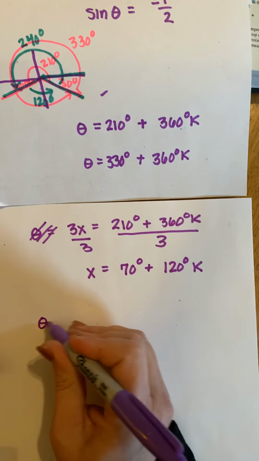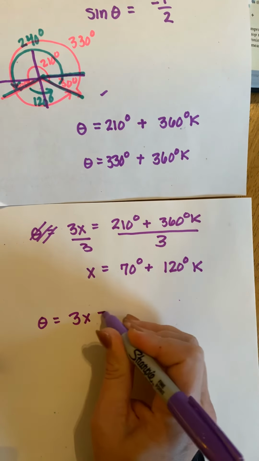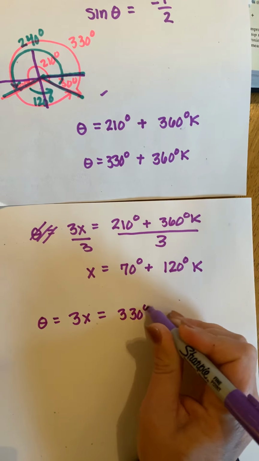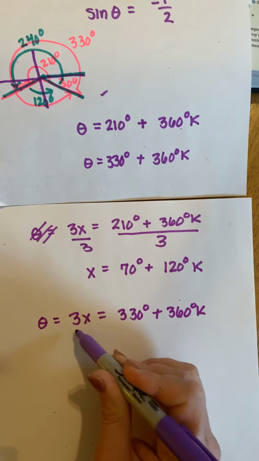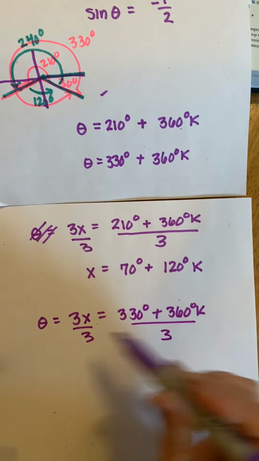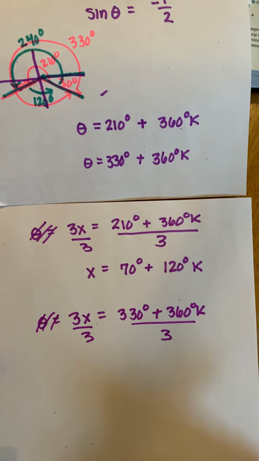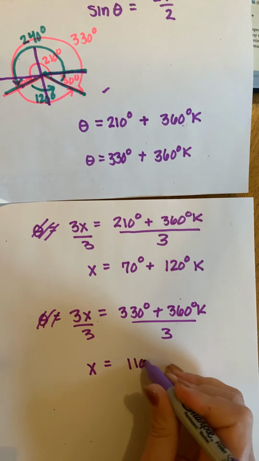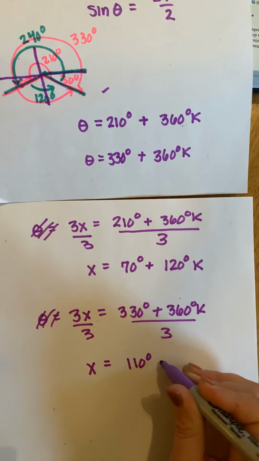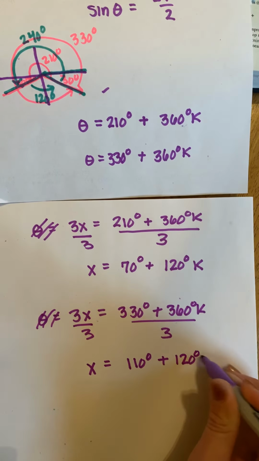So now let's go back to the second one, 3x equals 330 degrees plus 360k. But we're going to divide everything by 3. No longer looking at this in terms of theta, we're going to solve it for x. We're going to get x is equal to 110, and then 360 divided by 3, plus 120k.